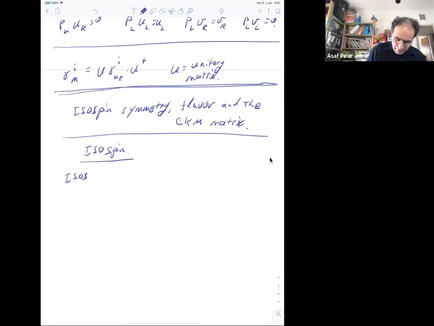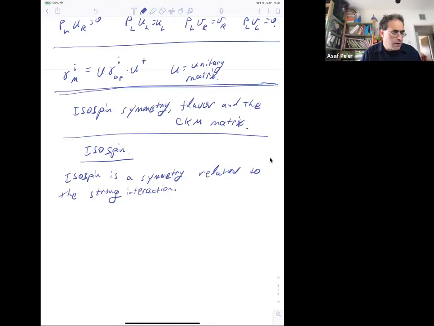Isospin is a symmetry related to the strong interaction that basically is used in explaining how the individual quarks are grouped together into baryons and mesons. Okay, so it has some historical origin, right? It was initially discovered that the masses of the proton and the neutron are nearly identical.